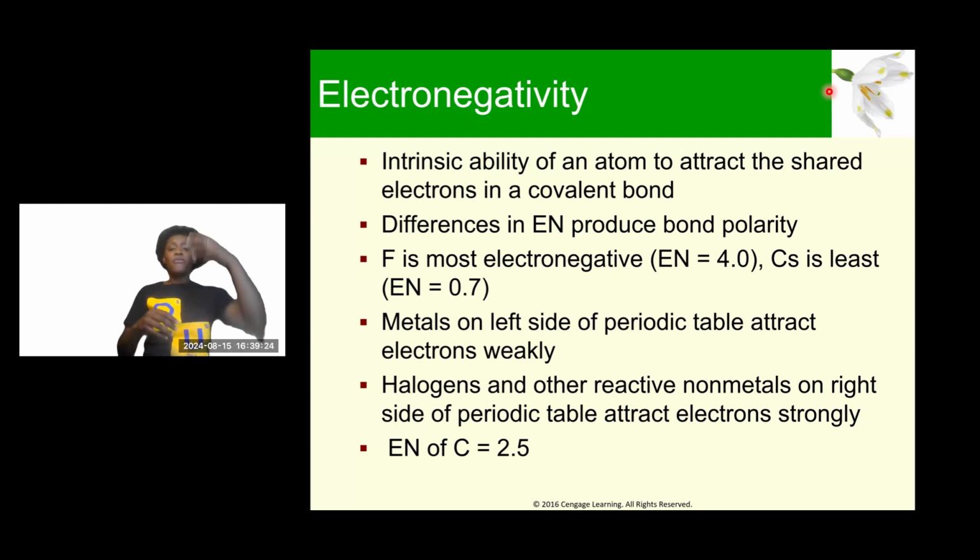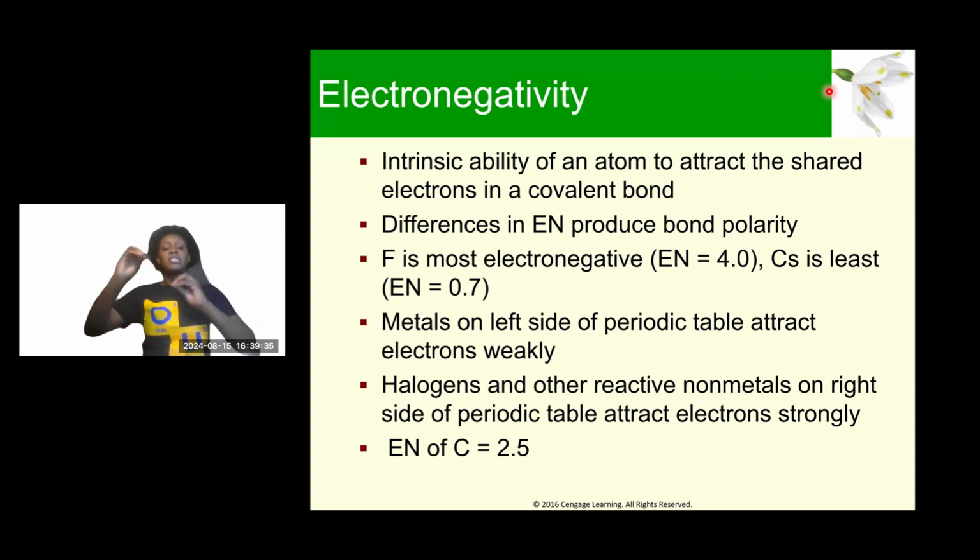So you have fluorine and you have cesium. And what you'll see when we show the periodic table in the next slide or so is that the electronegativity trends move in a pattern, okay?